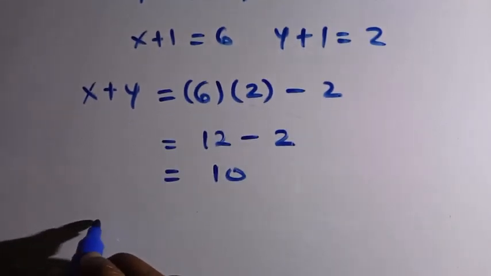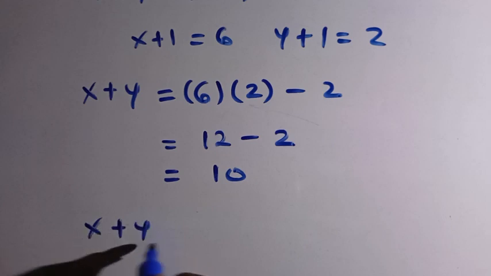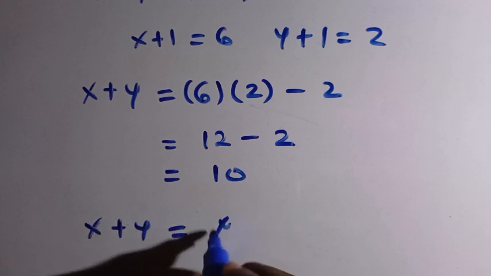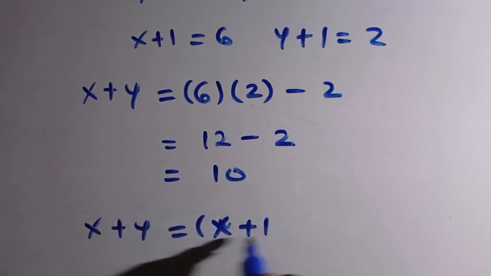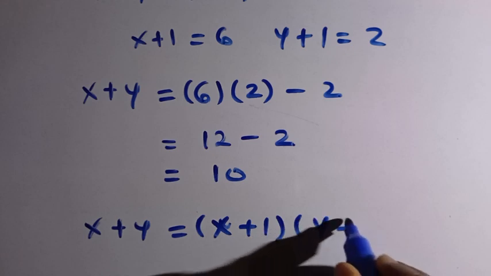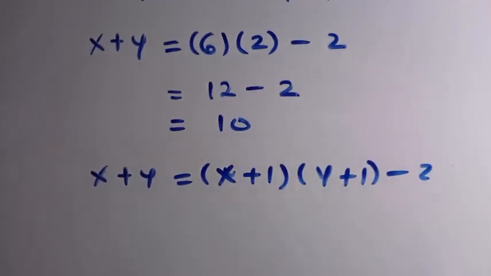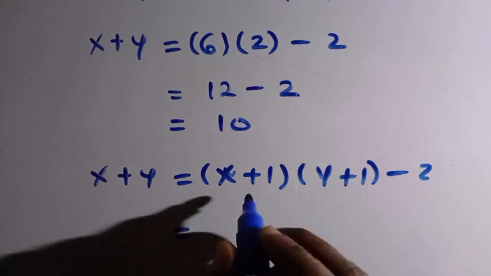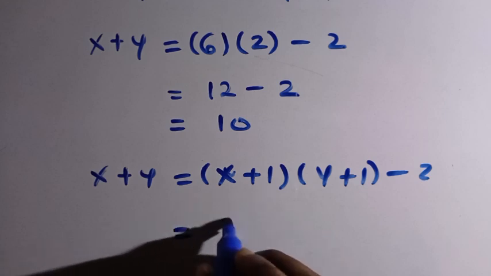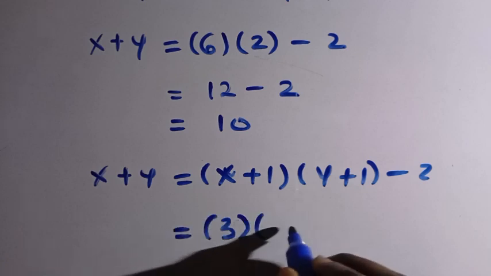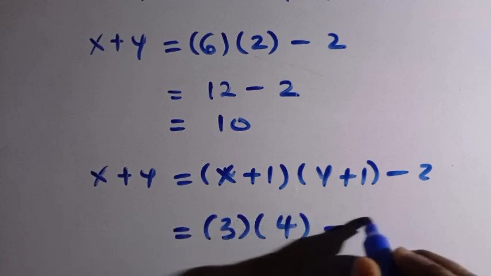Then the last case, if you have x + y, applying this formula, (x + 1) multiplied by (y + 1) minus 2. And if x + 1 equals 3 and y + 1 equals 4, substituting it here, we have 3 multiplied by 4 minus 2.